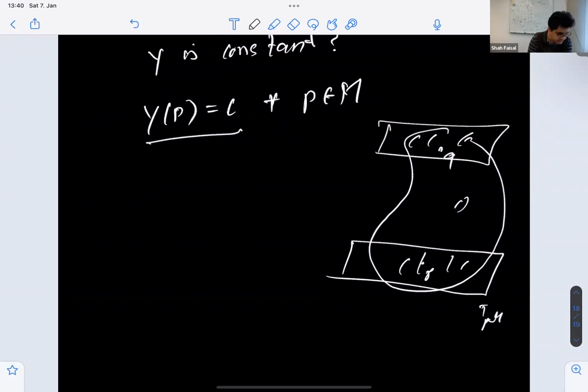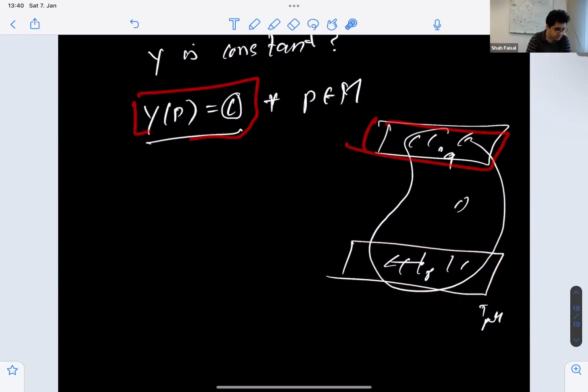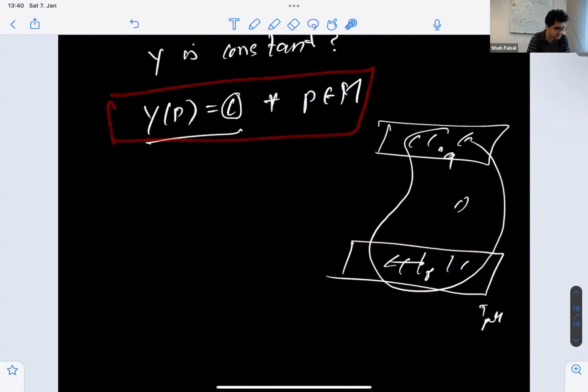Now, if you say this is true for all P, then this C is a fixed vector in the tangent space at P, and then it is also in this other tangent space. These tangent spaces are different because they are in different positions. And you say C belongs to both tangent spaces, and these are different vector spaces. So this definition really doesn't make sense at all, because the tangent space changes as you change the P.